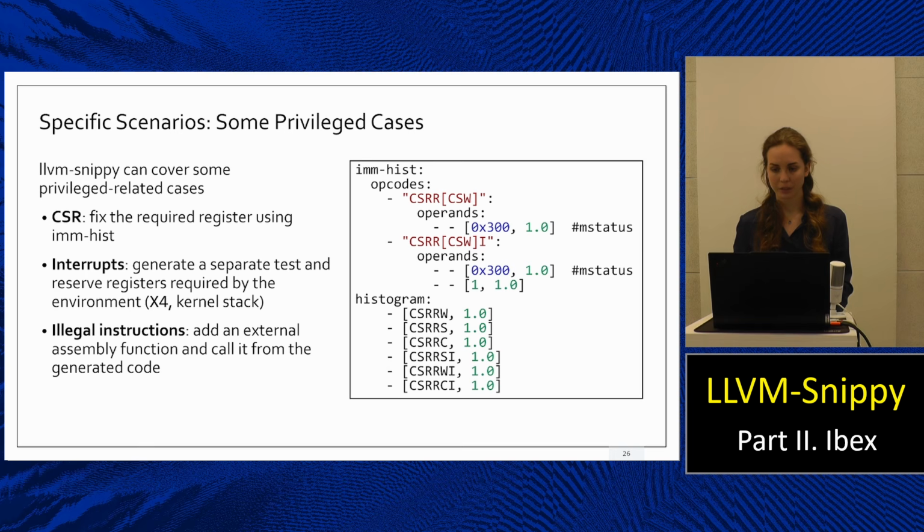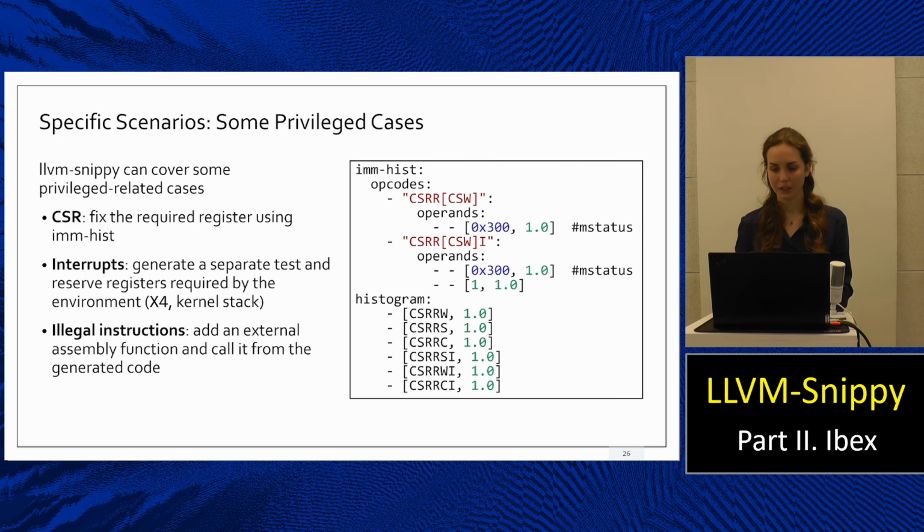Here the test must not conflict with the environment. For Ibex there is a reserved register, x4, because the wrapper uses it for the kernel stack. Otherwise the generated code could clobber a state needed by the handler, and the failure would be caused by the harness, not by the instruction scenario.